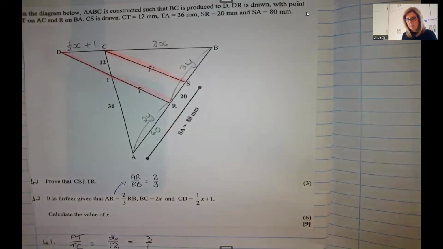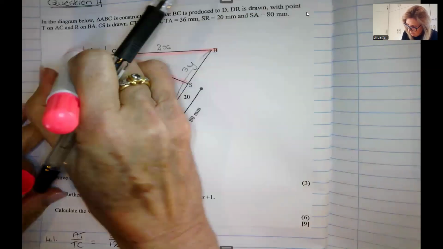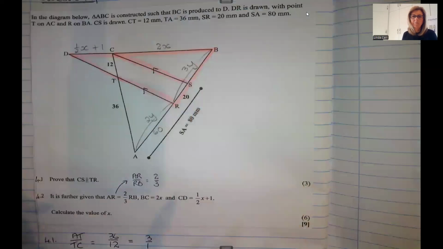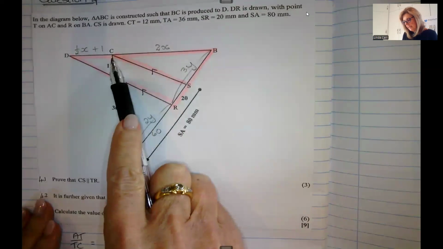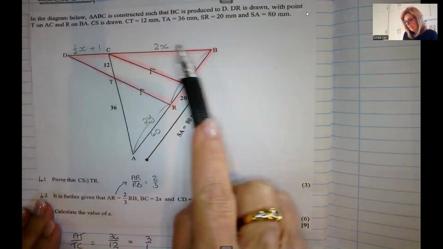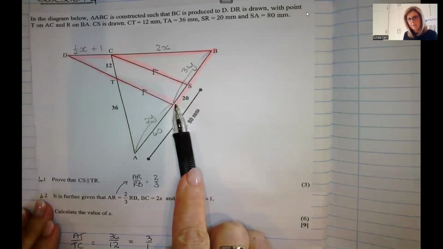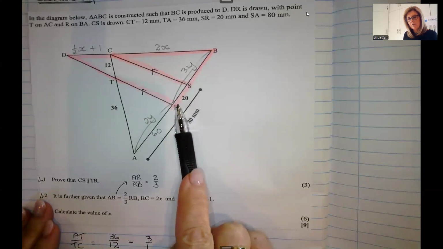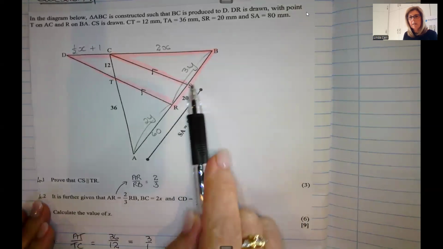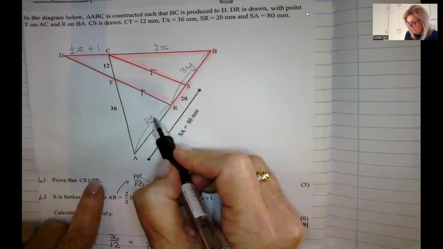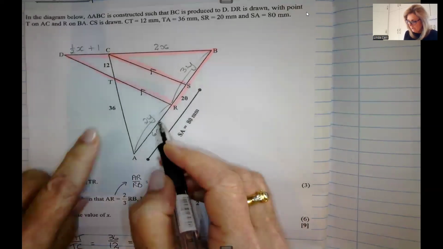Okay, so these parallel lines take us into a new triangle. So according to this new triangle, BC over CD is equal to BS over SR. Now I know that SR is 20. I don't yet know what BS is, but I do know that 2y is equal to 60, and so that's on my sketch.